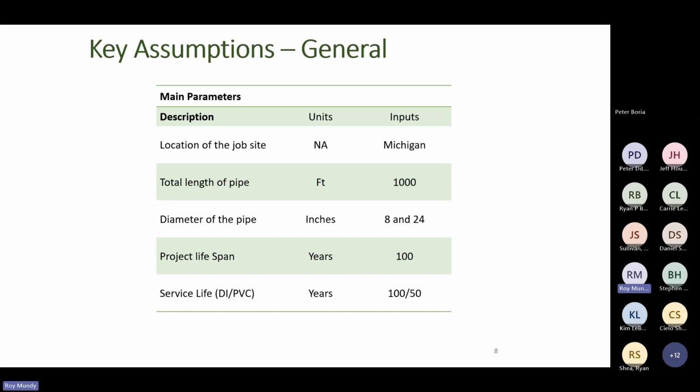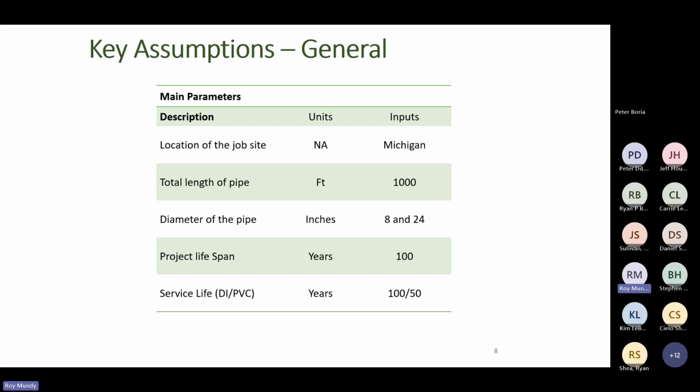Now, the key assumptions they used for this research: first of all, they did conduct it in Michigan. It could have been conducted at any point across the United States, actually. They chose 1,000 feet of pipe as the base length for the pipe itself. As I've mentioned earlier, they were looking at both 8-inch and 24-inch pipe.